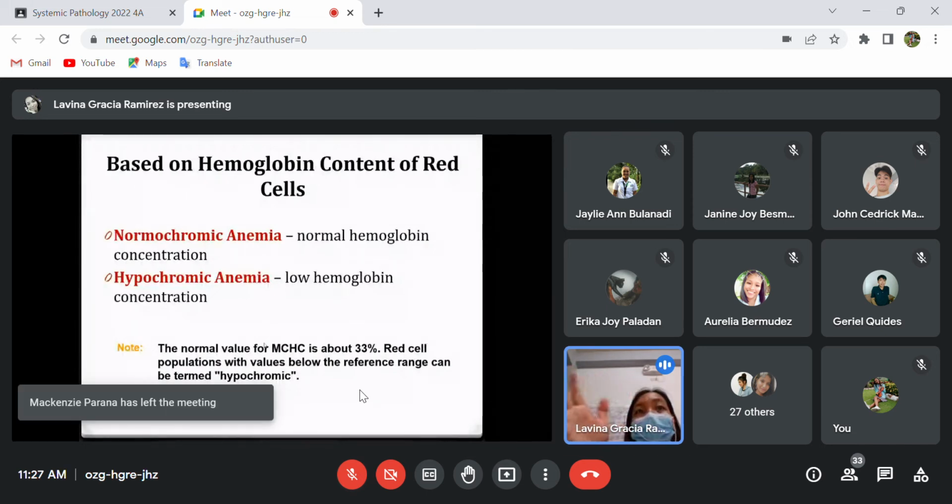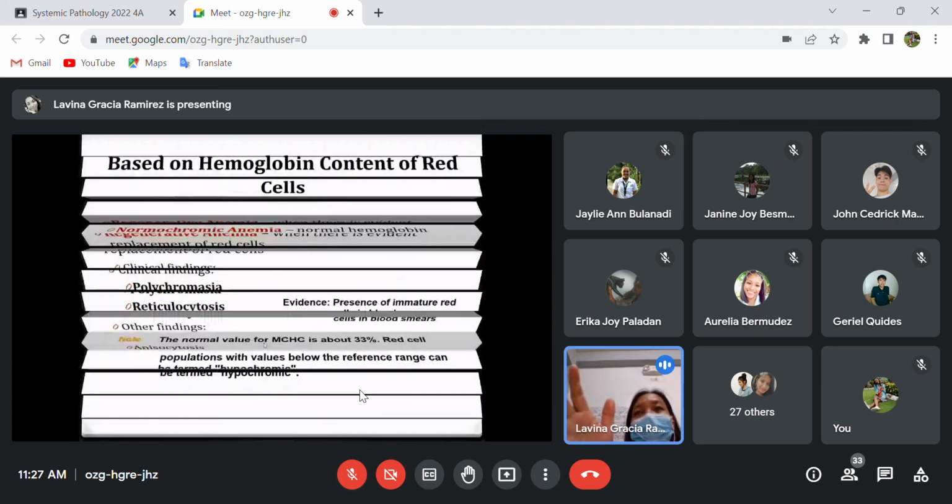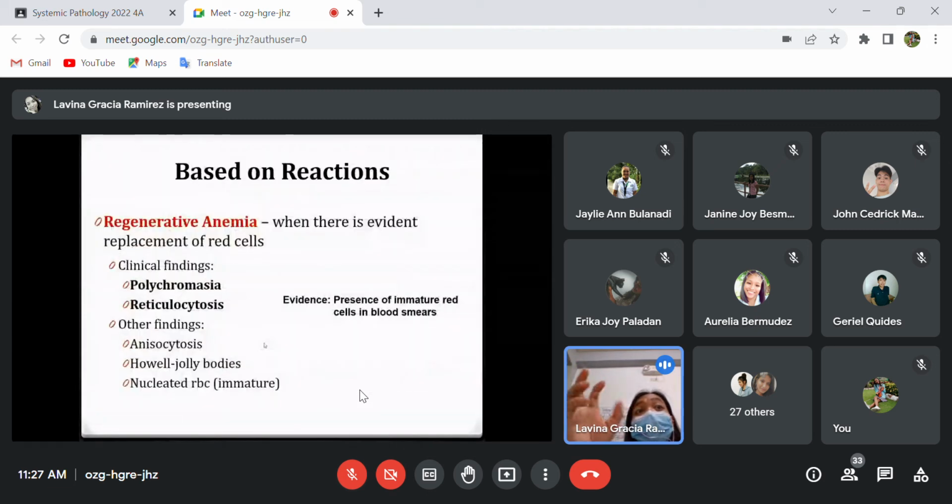Now, based on reaction, we have the regenerative and the non-regenerative. When we talk about regenerative anemia, the bone marrow still has the capability to replace those destroyed red blood cells. The evidence of a regenerative anemia is polychromasia and reticulocytosis.